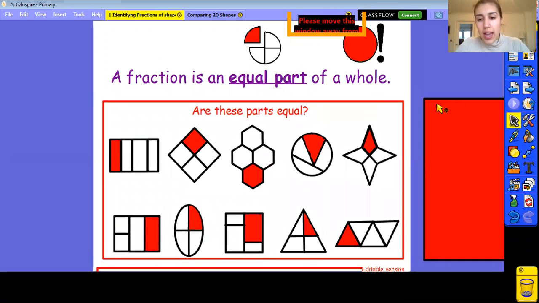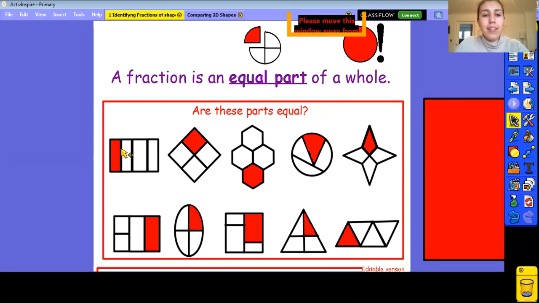So I have got some examples of some fractions here, and the red part is the part that I have got. So what you need to have a look at is, is the red part in each shape equal to the other parts of the shape? Equal means the same proportion, the same amount, the same size.